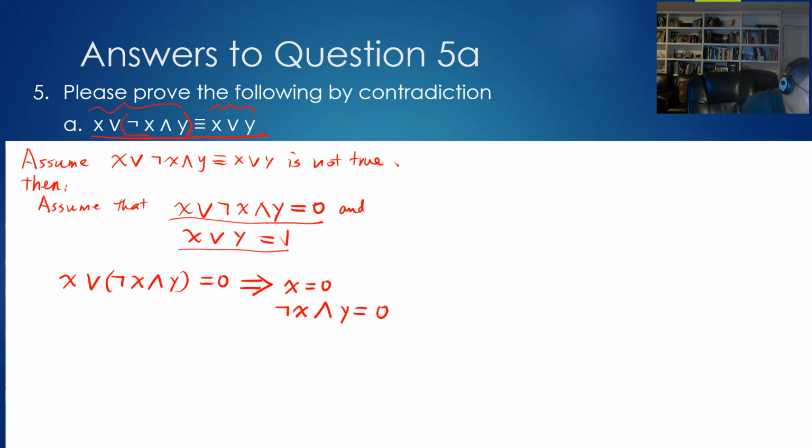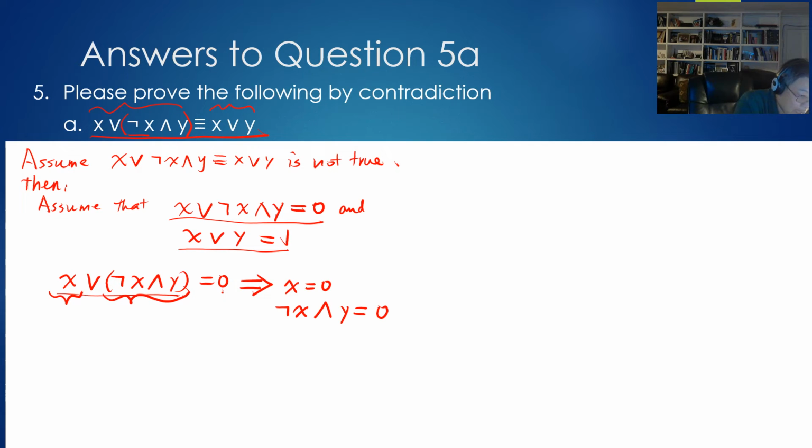Because based on the OR operation, if this is 0, that means both x and this must be 0. Because if one side is 1, then the OR operation will get you 1. So if this is 0, then x equals 0 and on the right side, negation of x conjunction y is 0.